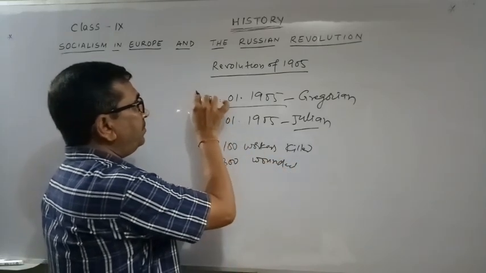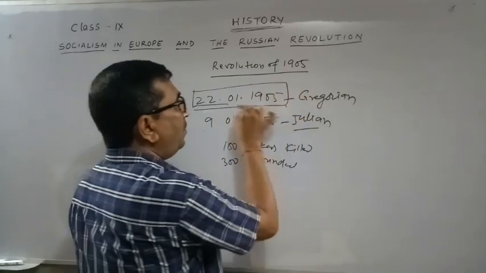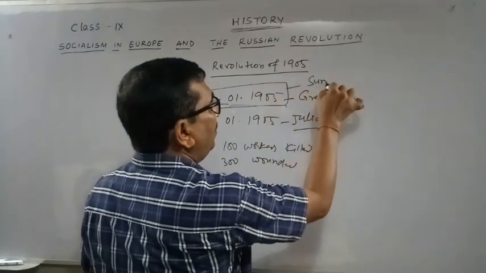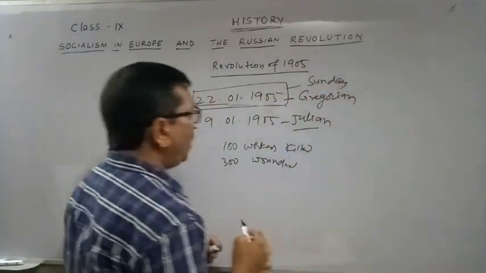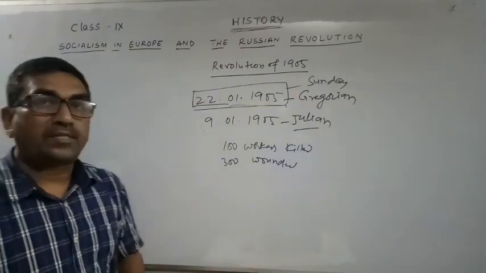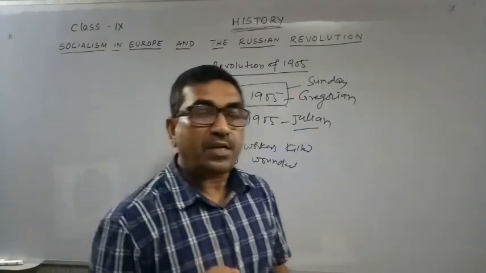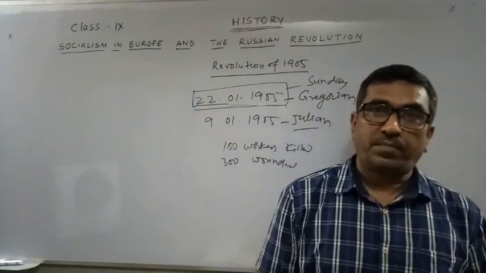This date, it was happening on Sunday. That's why this event is known as Bloody Sunday in the history of Russia.